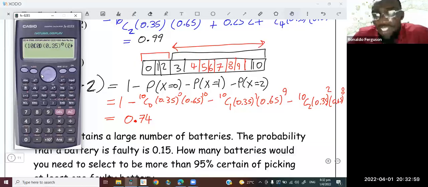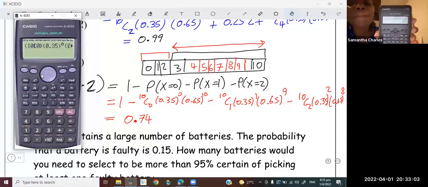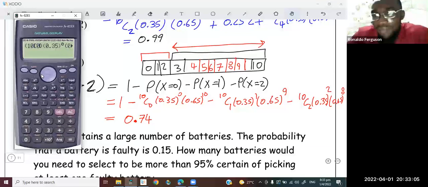Because you're using the raise button, you have to bracket what you raise as well. So put the 0 in bracket there.